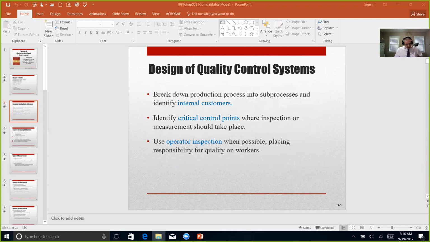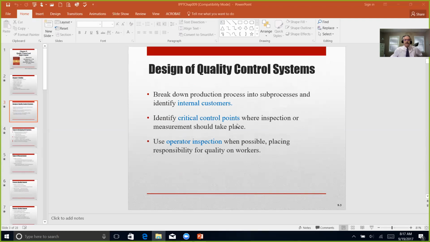The operator inspection is really preferred because it places responsibility on those who are making the product or services, who know the process better than those up in the ivory tower, so to speak.